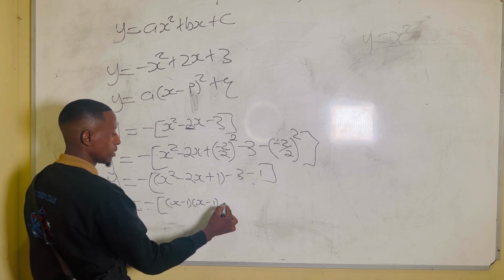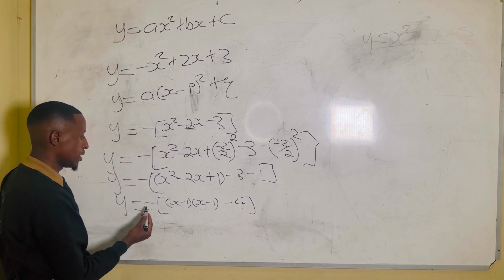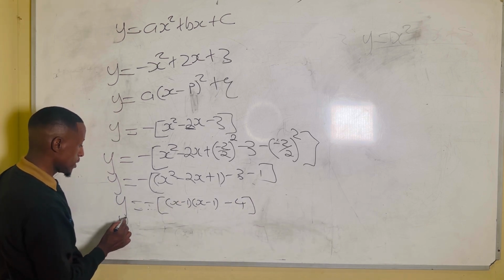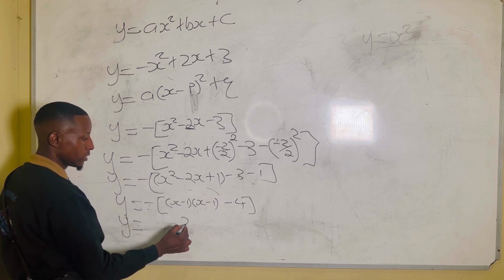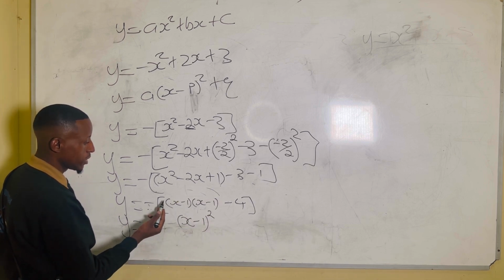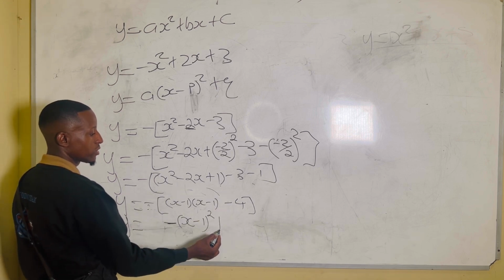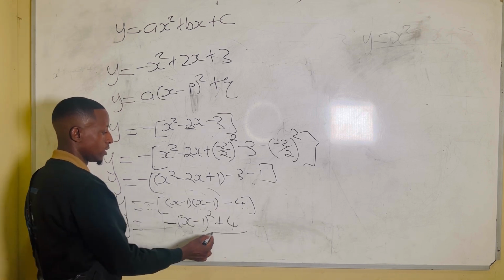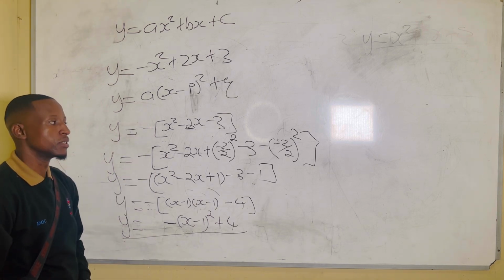Then this and this will give you negative 4. But you know that the negative has to affect what is inside. Since this is repeating itself twice, it's going to be x minus 1 squared. Then the negative will affect it, and it will also affect the 4. So this is what we're going to have. This is our new equation after completing the square.